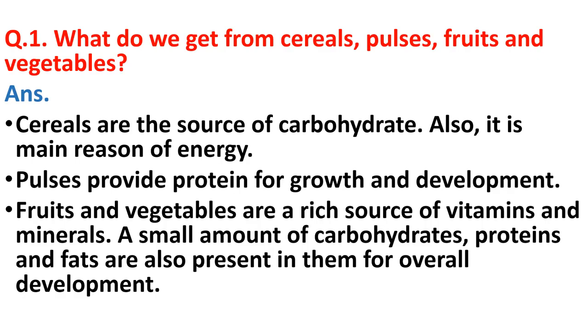Also, it is the main source of energy. Pulses provide proteins for growth and development. Fruits and vegetables are a rich source of vitamins and minerals. A small amount of carbohydrates, proteins and fats are also present in them for overall development. So this was the answer to your first question.